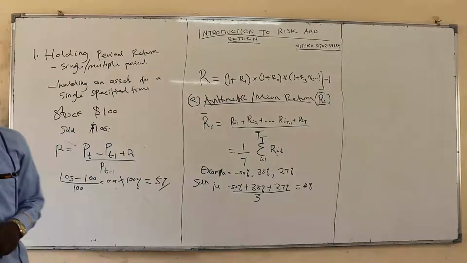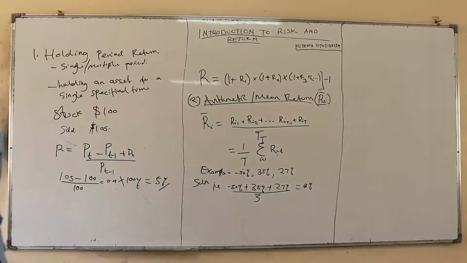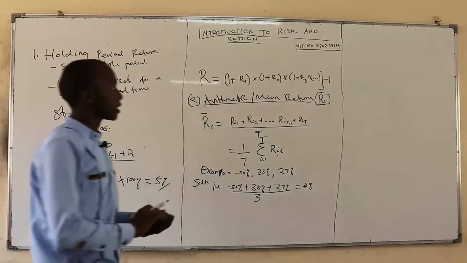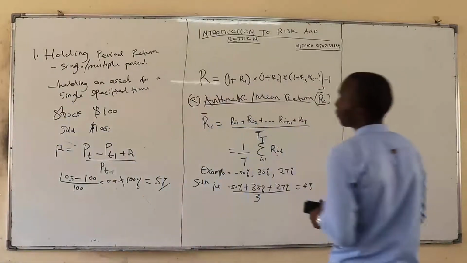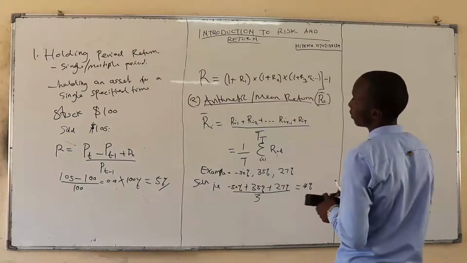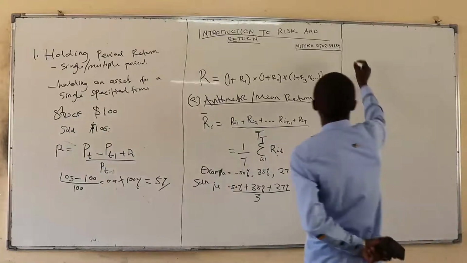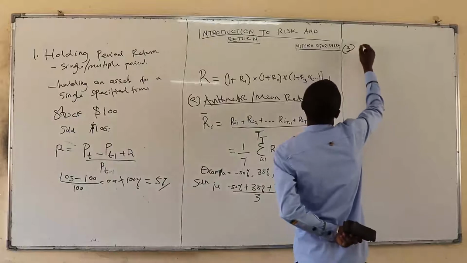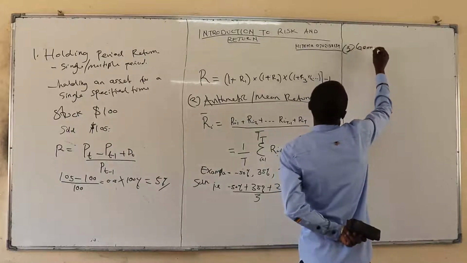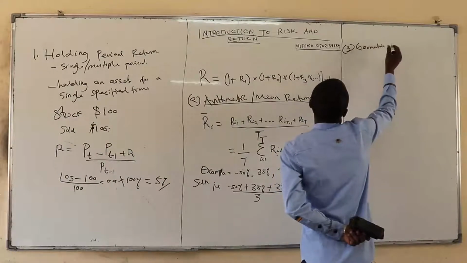And then number 3, you want to look at another measure of return, and this is where we have the periodic returns. Number 1, we said we have the holding period return, then the arithmetic mean return. And now we have number 3 here, what we call geometric mean return.